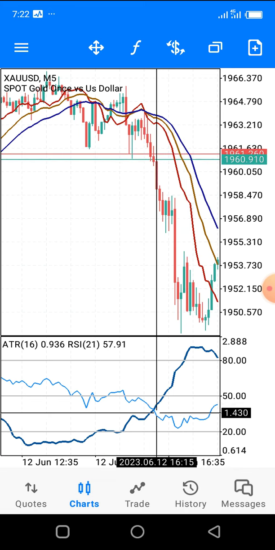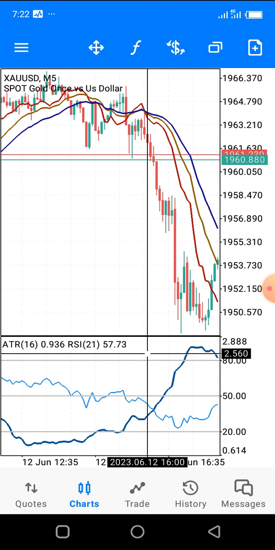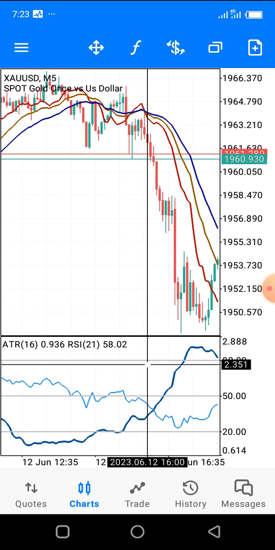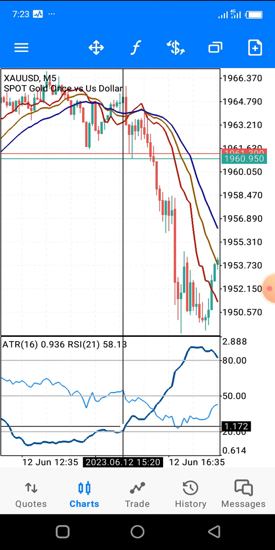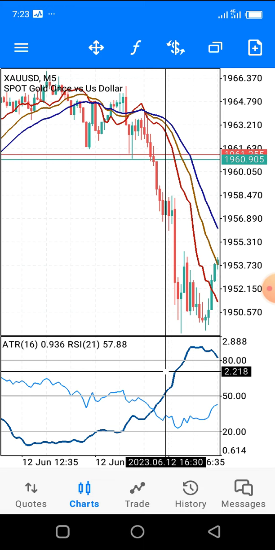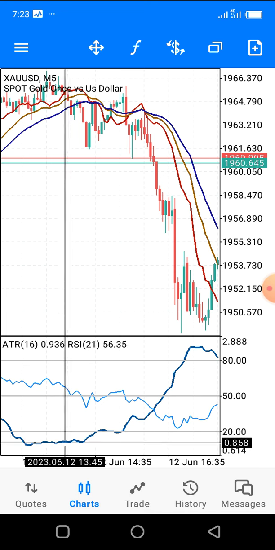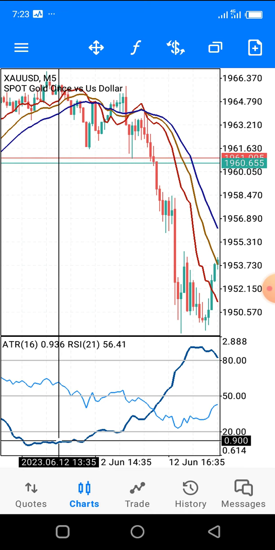If RSI is reading above 80, it is in the overbought zone. But for the ATR, the more it moves upward, the more the volatility of the market. The more it moves downward, the less the volatility of the market.